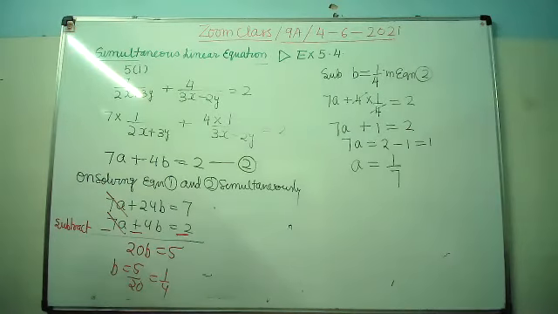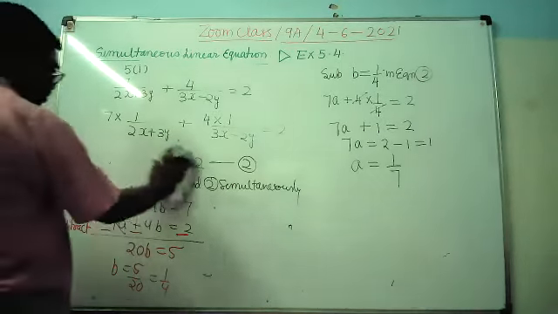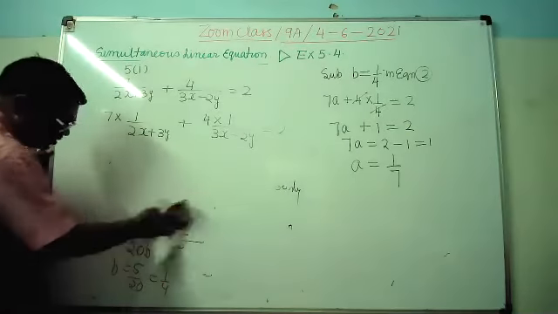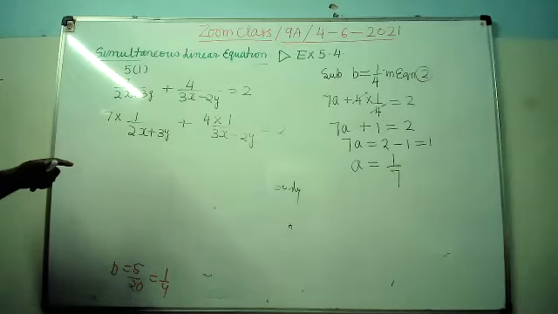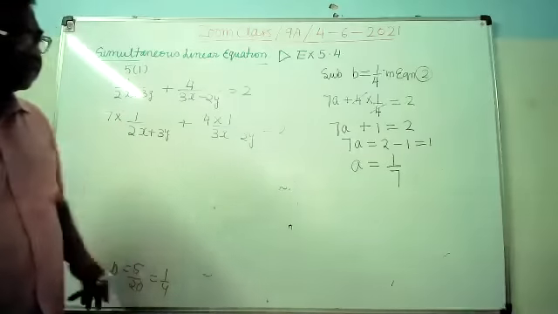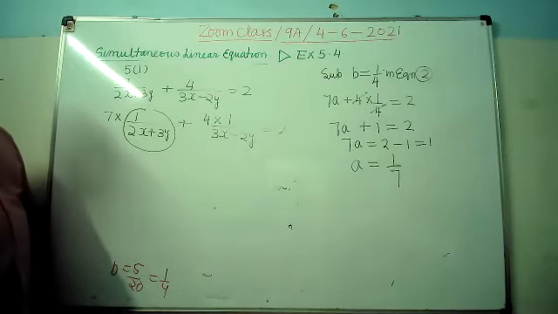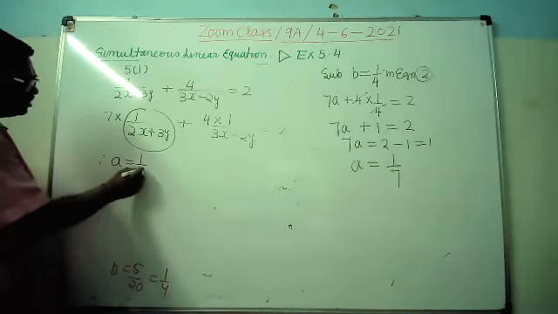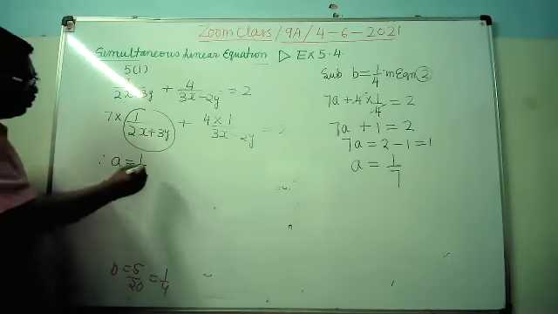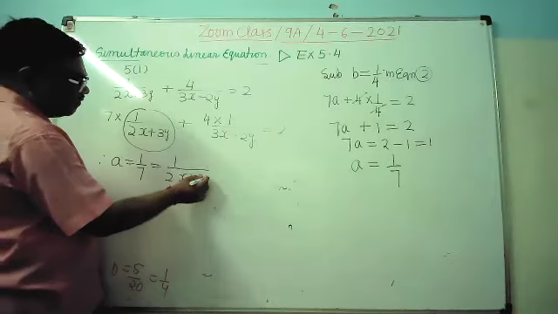So this we have solved once. Now see here, from here you can see what A is equal to. A is equal to 1 by 7, and you have assumed A equals 1 upon 2x plus 3y.